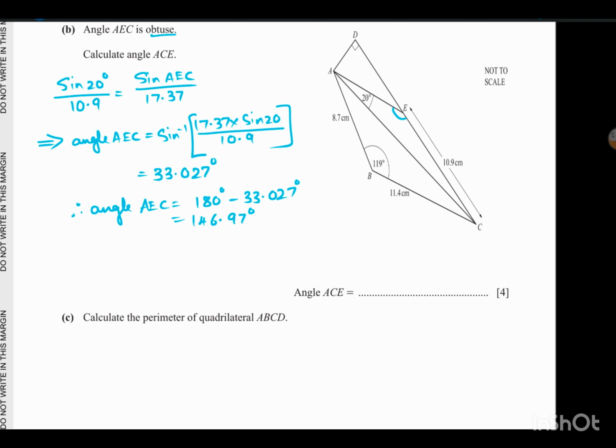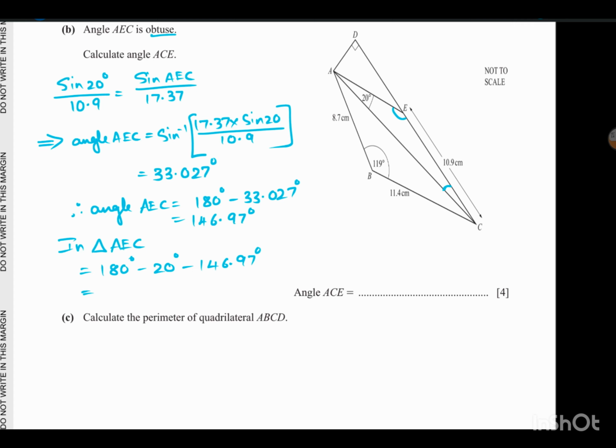Now we have to find out the other angle. So here we have to take the triangle AEC. In triangle AEC, you can find out the third angle. From 180 subtract 20 and also subtract 146.97.